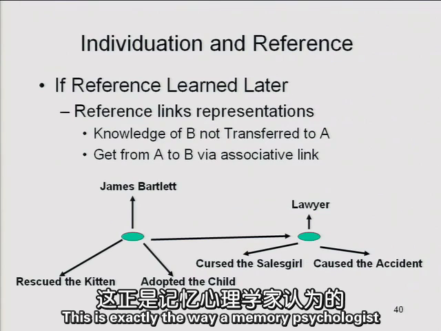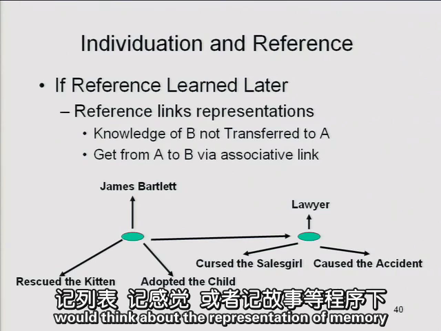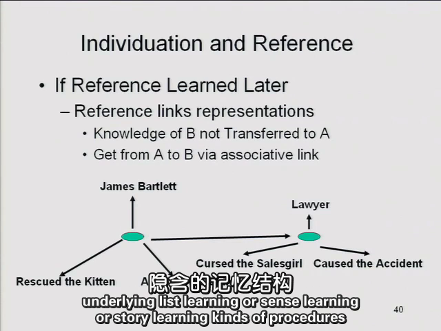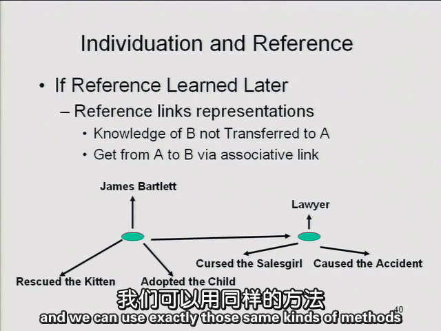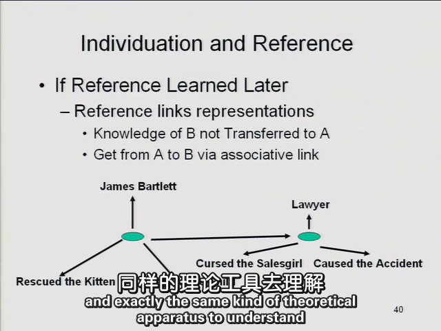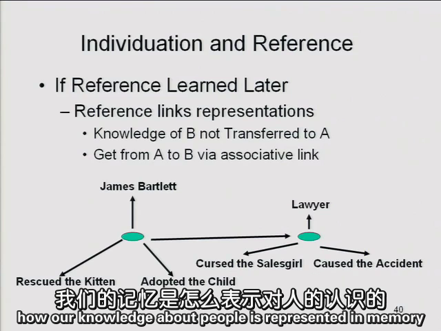This is exactly the way a memory psychologist would think about the representation of memory underlying list learning or sentence learning or story learning procedures, and we can use exactly the same kinds of methods and the same theoretical apparatus to understand how our knowledge about people is represented in memory.